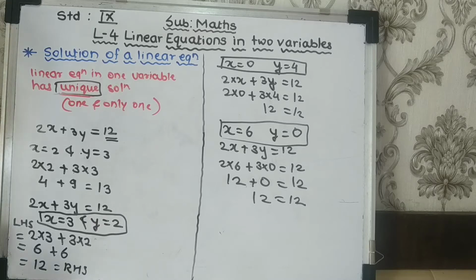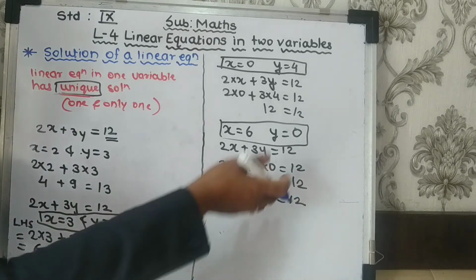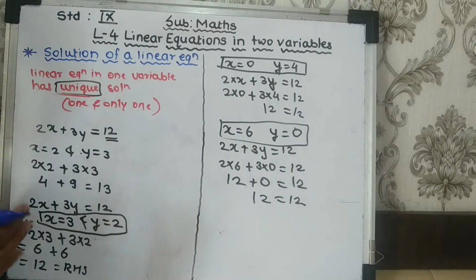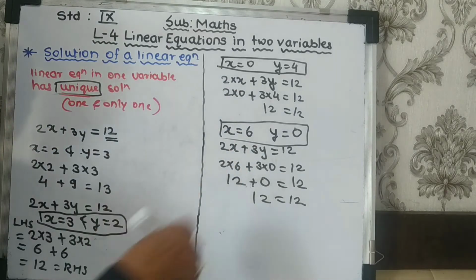So we will say that a linear equation in two variables has infinitely many solutions. If you go on solving likewise, taking different values, try it. Take different values and see whether it satisfies this or not.